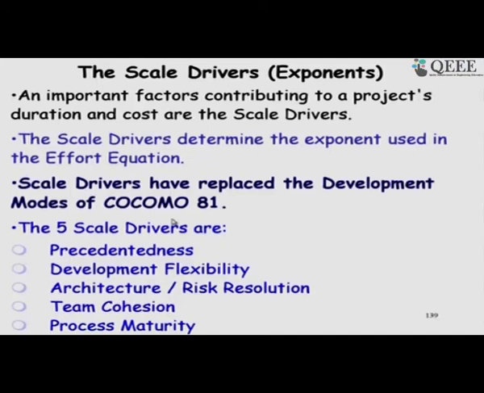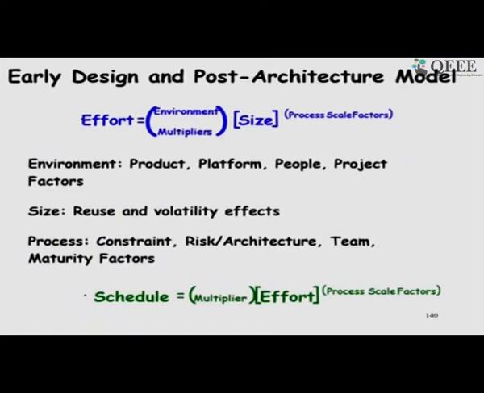So, this is the one which has maximum impact, because this is in the exponent, the scale drivers. The multipliers have relatively less impact on the final result. So, the effort that is obtained is size to the power the scale factor into the multipliers.